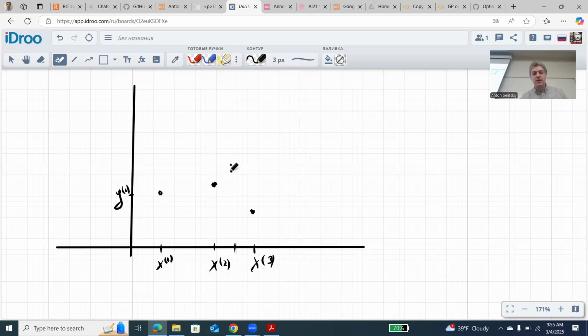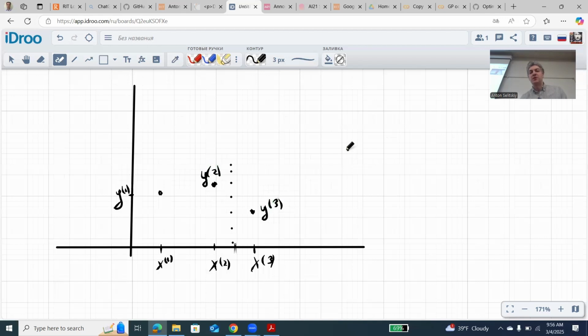So then, what will be the prediction for every point with x smaller than our threshold? What do you think? We have y1, we have y2. The prediction for points greater than the threshold, of course, will be y3.